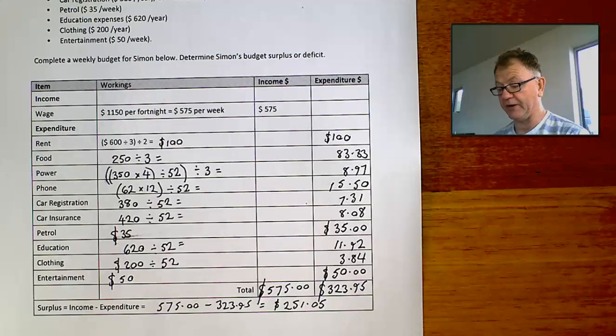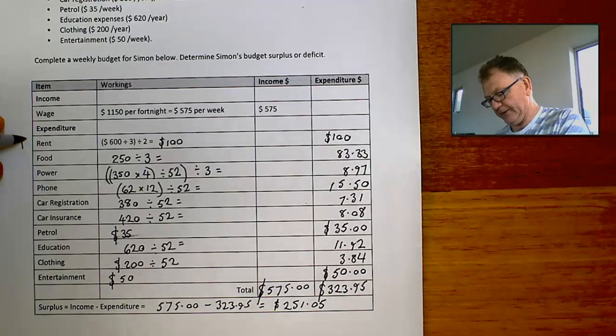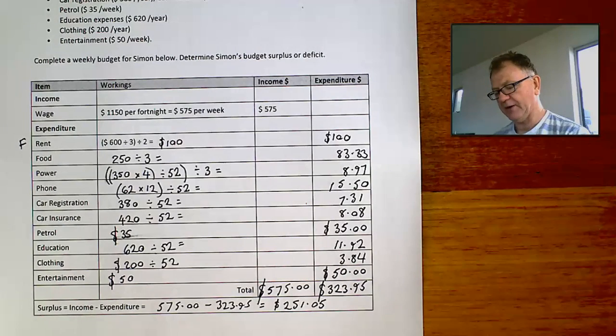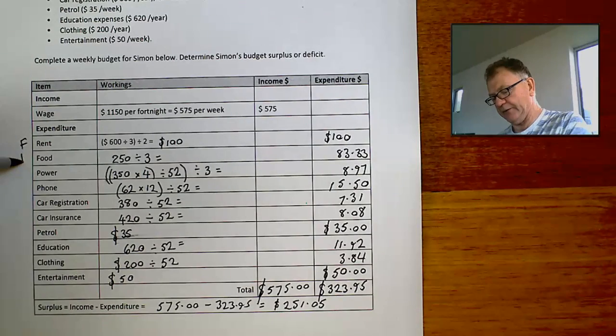Rent is a good example of a fixed expense. Put F for fixed, because he must pay it every week and there's nothing that he can do about the amount. Whereas food, well, if they went without a few luxury items, they could make some possible savings on food. That makes it a discretionary item.